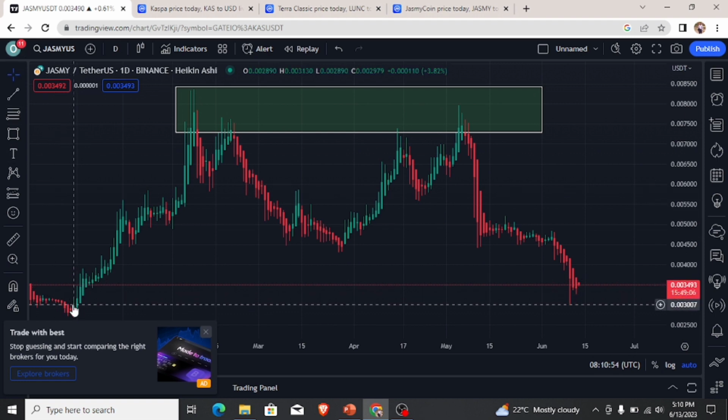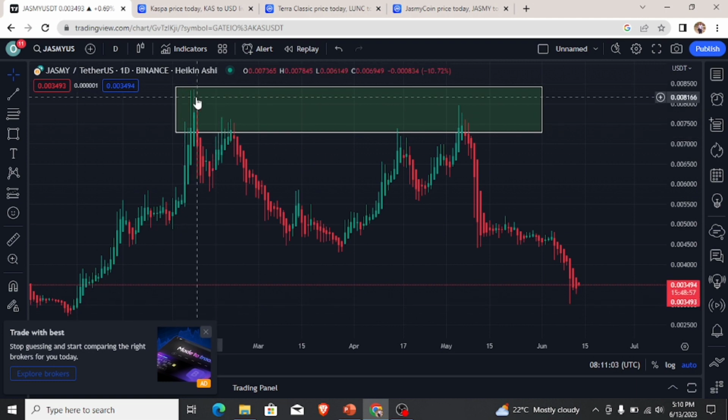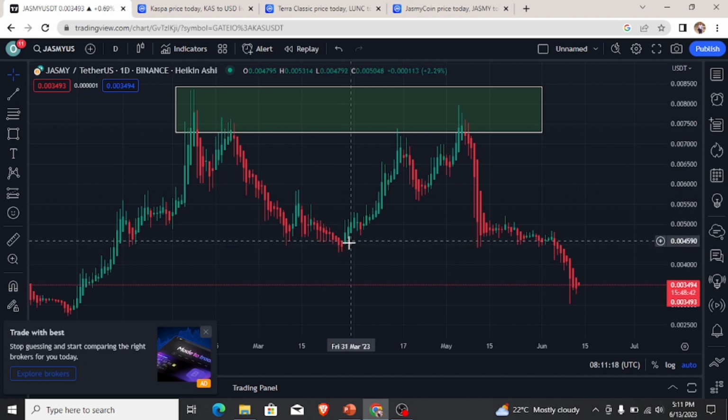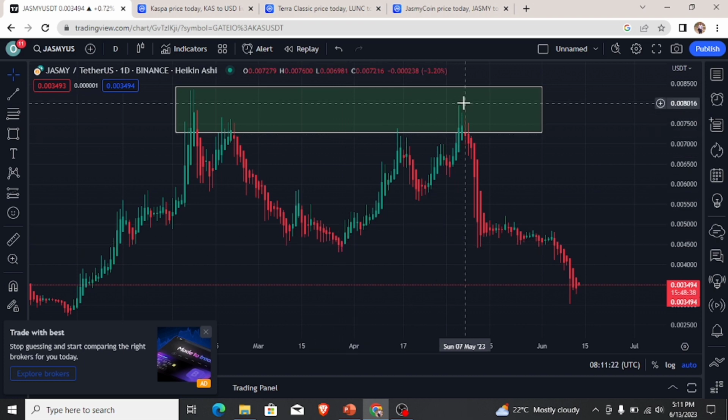Now the buyers go into the market with a huge momentum, and because this momentum is high, they pushed the price from the support to this particular resistance, and then after this resistance is created, the sellers go into the market and their momentum brings the price down to the neckline of the double top. Now once this neckline is created, the buyers then go into the market and push the price up to the previous resistance.